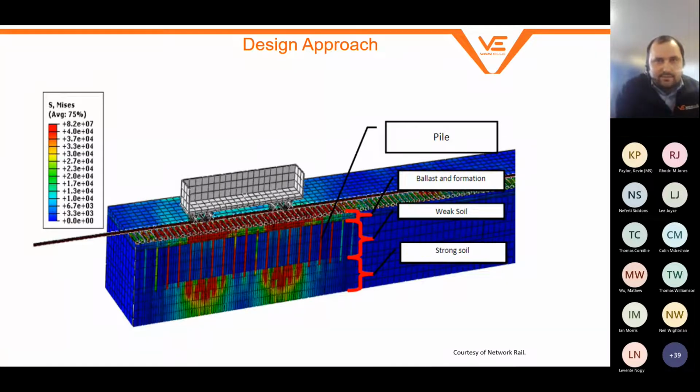If we put that into finite element analysis, you can see there that the heat map basically shows the load transfer from the rail through the sleepers, through the ballast, through the pile cap, and then down to the more competent, strong material at depth. So effectively, it's creating a vertical bridge between the ballast through the weak soil down to this stronger, more competent soil.